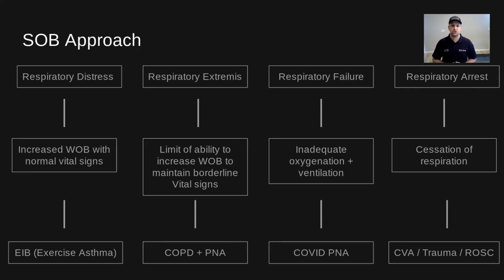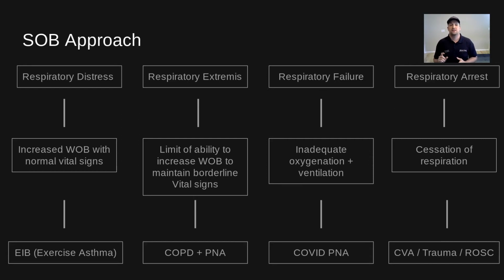Next, respiratory extremis. I like to separate the distress and extremis because where do they fit in the distress category? So we separate this by saying that it's either distress, somewhere in that, or extremis. This is right on the line of failure, right on the line of decompensation.